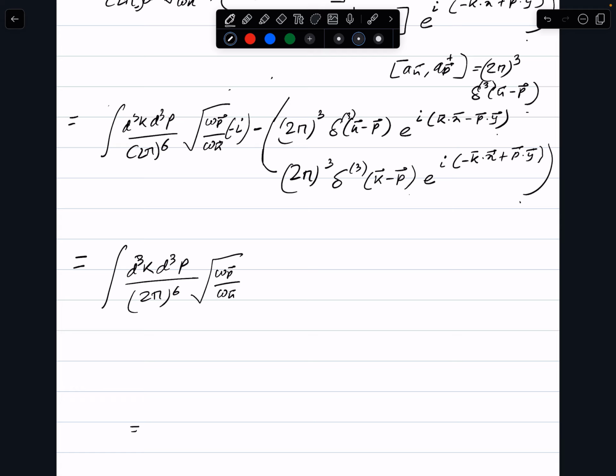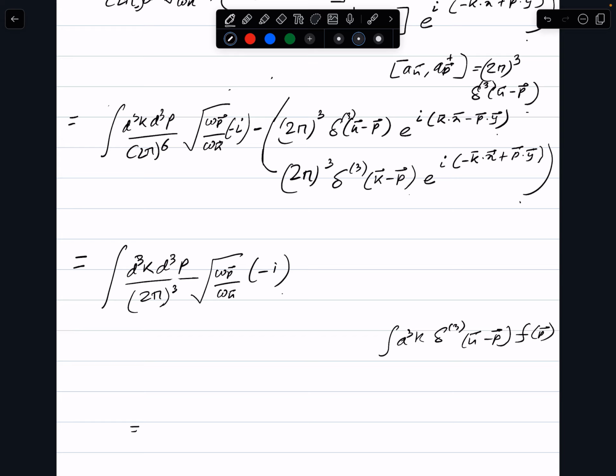Okay. Minus I. 2 pi cube cancels with 2 pi to the power 6. Let me just write 2 pi cube here. And now, this is the fun part. We have a delta function. Okay, so we can integrate. So we know d3k delta cube k minus p into some function of, let's say, p.